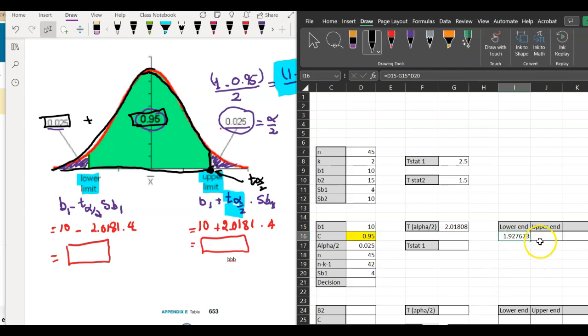For the upper end, we're going to do very similar, equal sign, click on B1, which is this one, plus right now the T value multiplied by the SB1, and enter. And there you go. This should be your confidence interval.